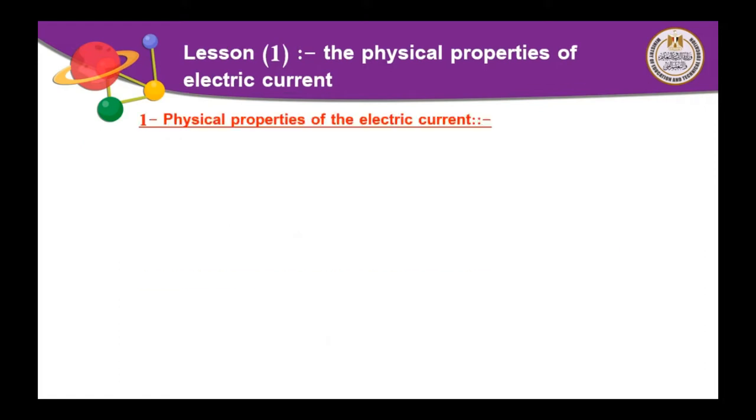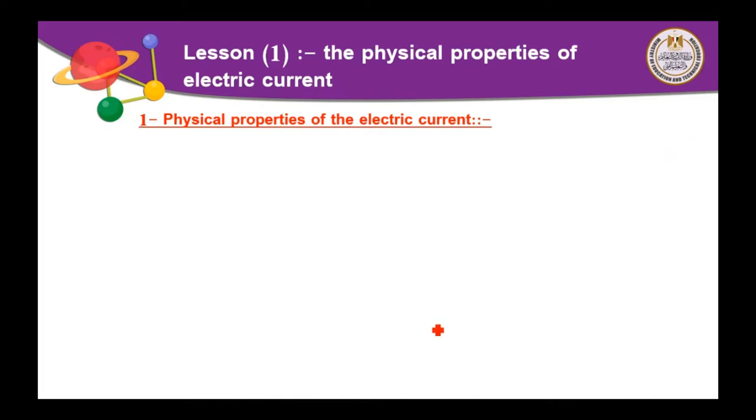Now we will talk about the second part of the title of this lesson, which is the physical properties of the electric current. What is the difference between physical properties and chemical properties?